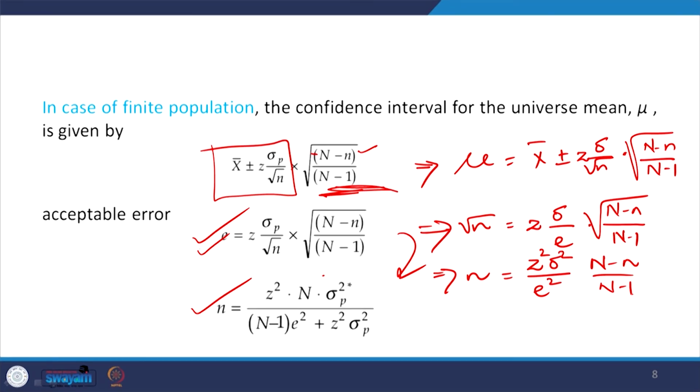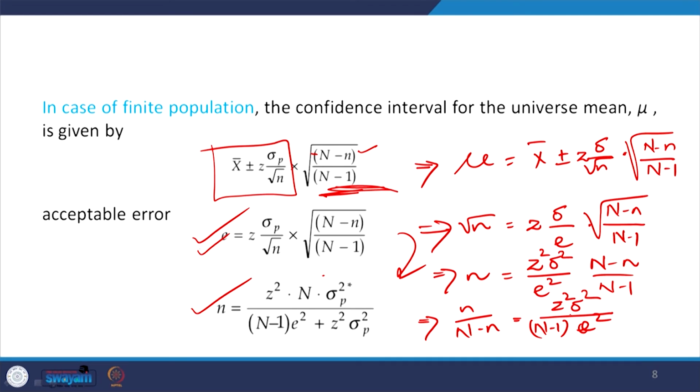So what I will do is multiply this with n. I can take it like this: n times capital N minus n and z square. The rest will be z square sigma square divided by capital N minus 1 times E square. So this can be presented there. Now you simply multiply the right hand side by capital N minus 1.